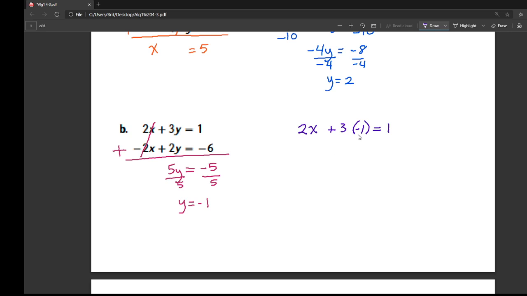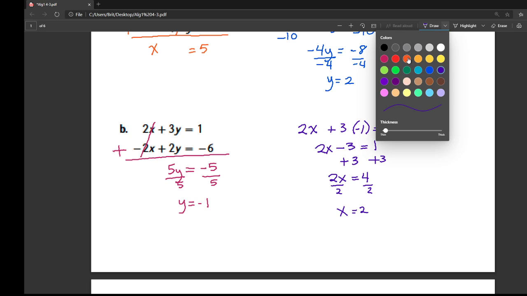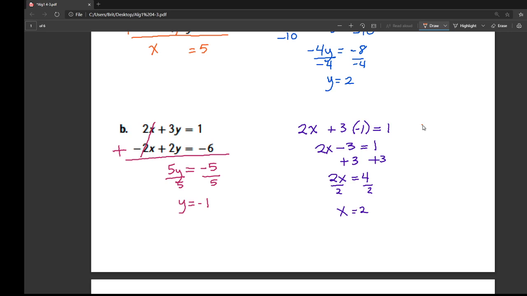So here, 3 times negative 1 is negative 3. And so to get the x by itself, I'm going to have to get rid of this subtraction first. So I'm adding 3 to both sides. So I have 2x is equal to 4. And then I divide by 2, and I get that x is equal to 2. So my final solution is the ordered pair 2, negative 1.